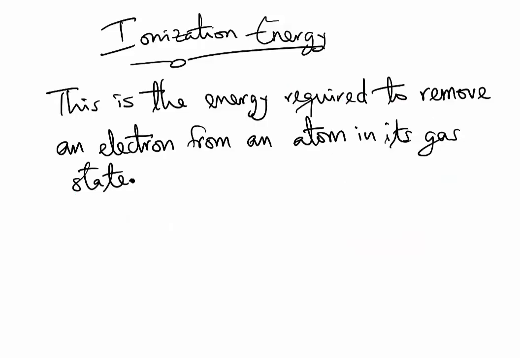Let us now take a look at how ionization energy varies in a group and across the period. The first question is, what is ionization energy? The ionization energy of an element is the energy required, which means we have to put in the energy.